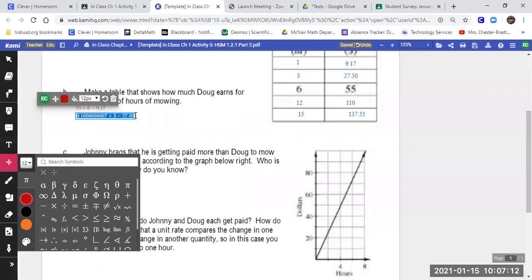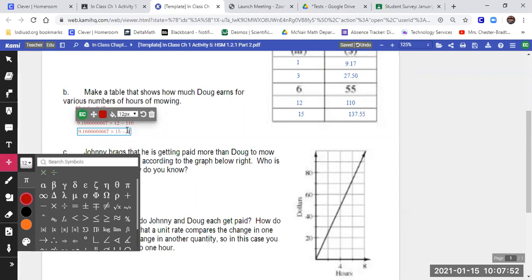So I'm going to use them again. But the next time I went ahead and did times 12 and got the 110. And I used it again and did the times 15. And got the 137. Okay. So yes, I want you showing me your work on where you're getting your numbers from.